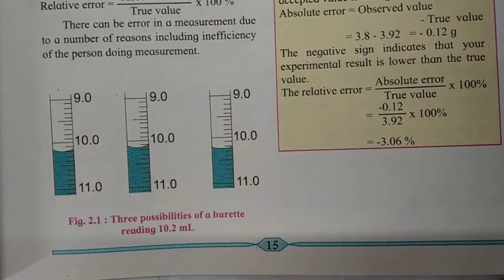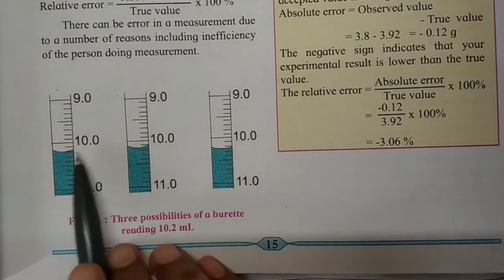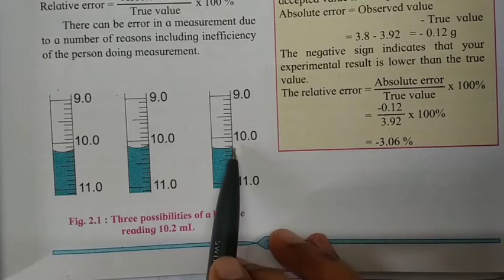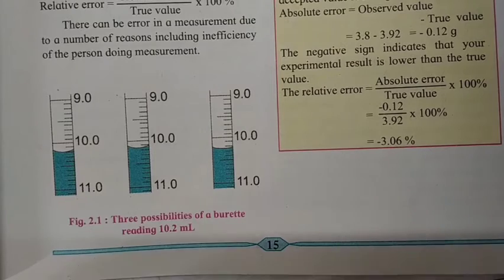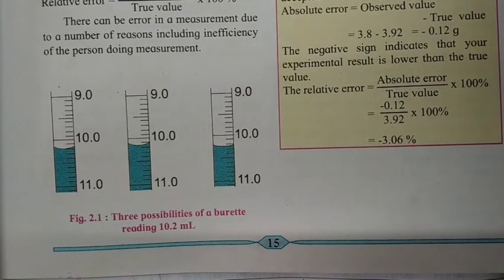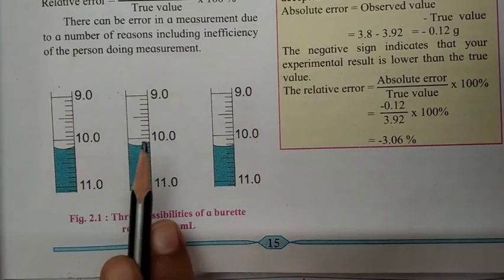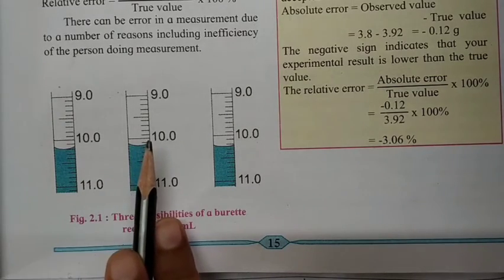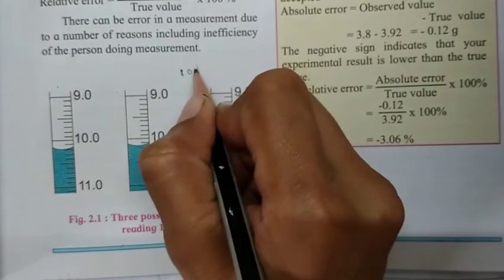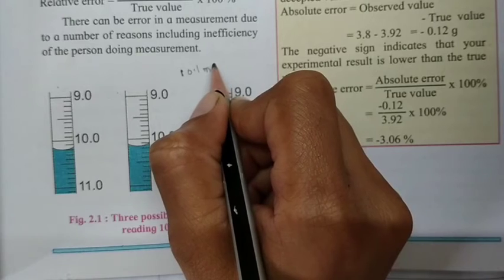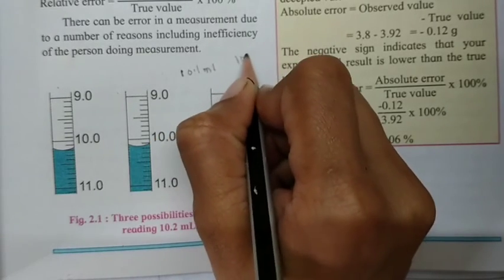The meaning of the reading 10.2 ml is that the true value of the reading lies between 10.1 ml to 10.3 ml.